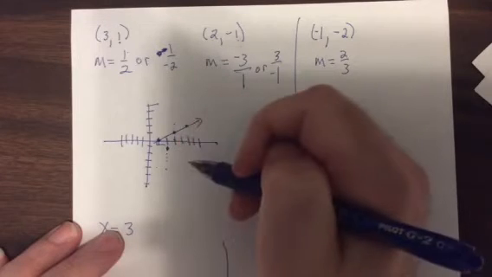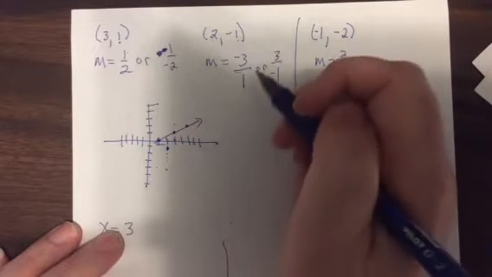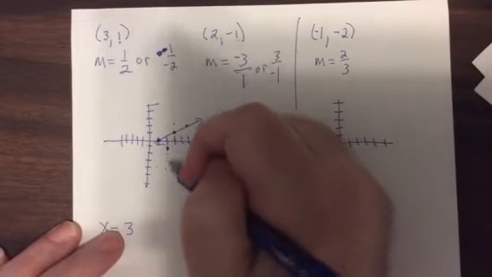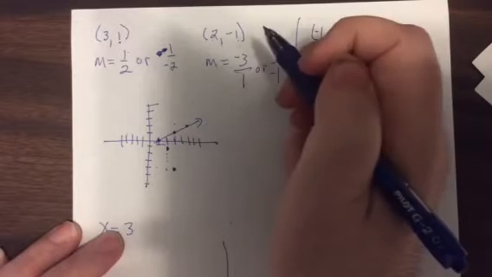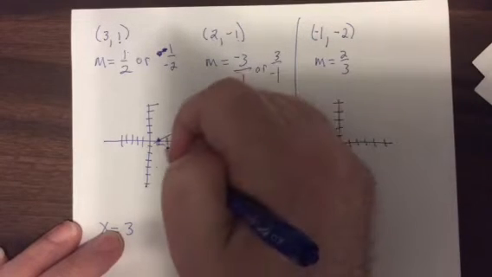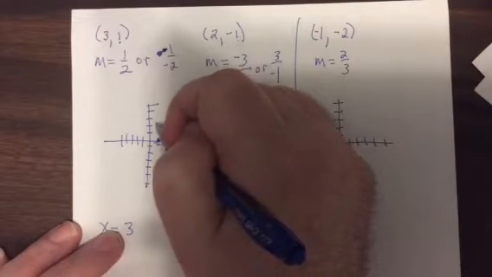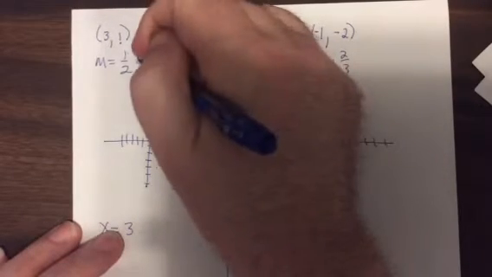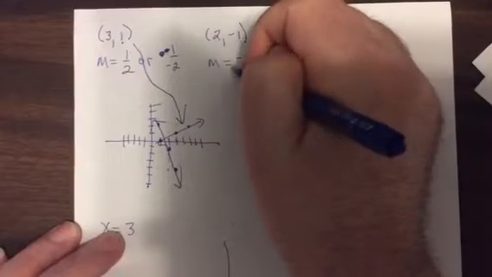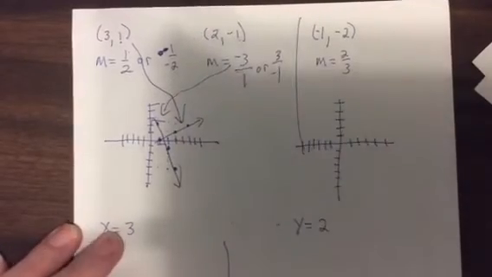Right 1. Wait a minute, I'm sorry. Down 3, right 1. There we go. Or I could do 3 over -1 and do up 3, left 1. So that's that one.